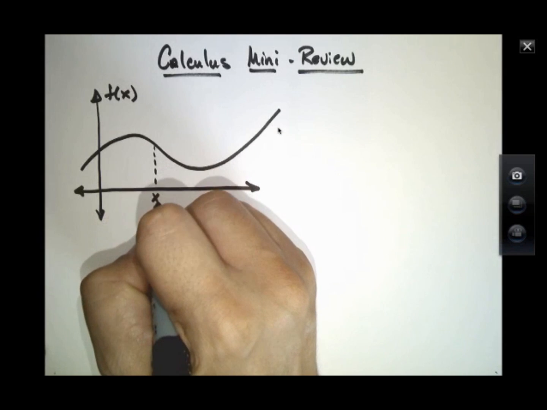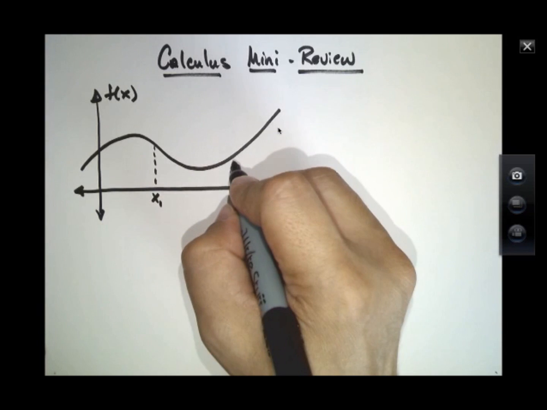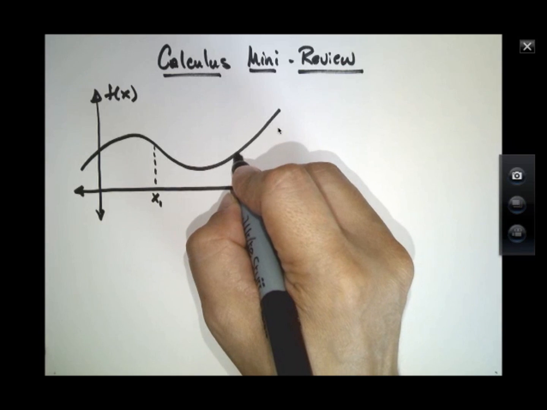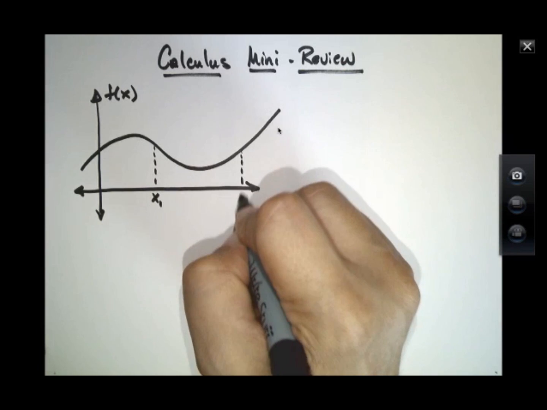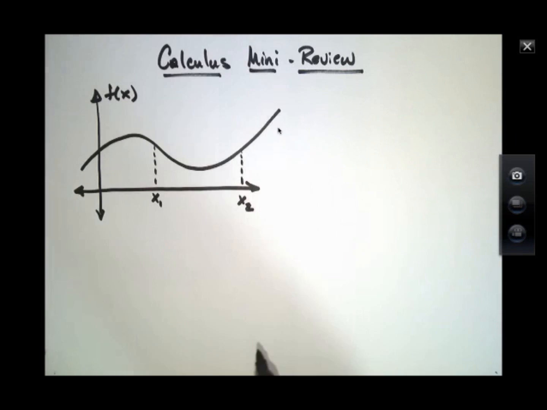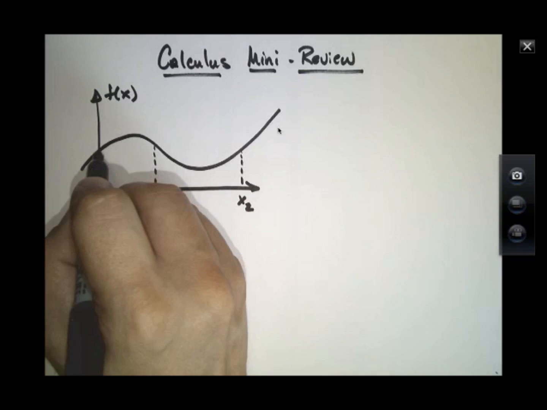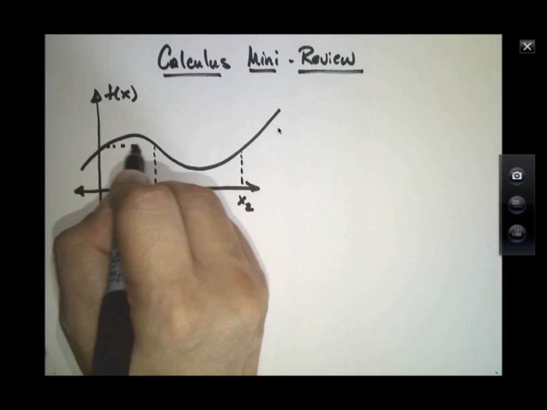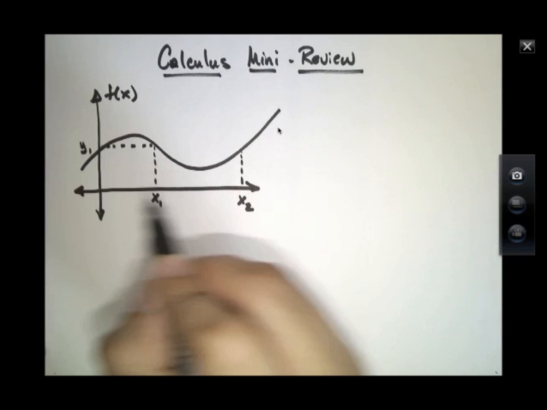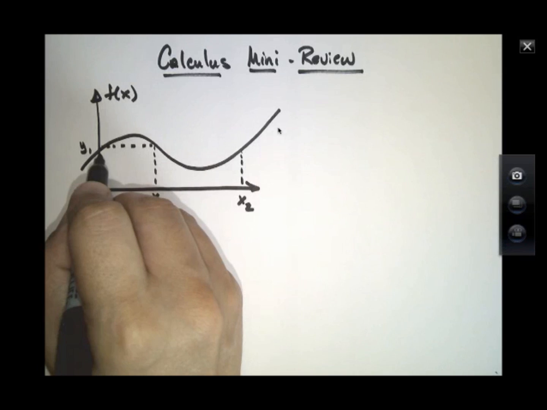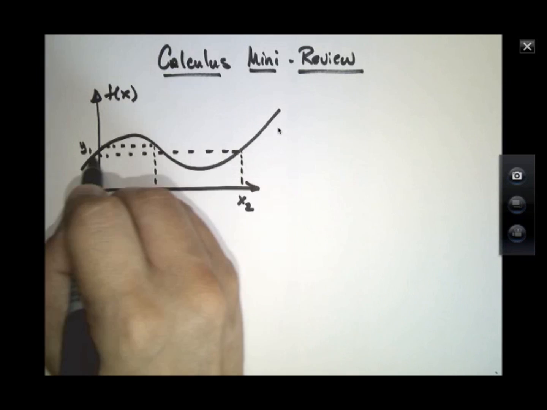So first, let's pick a couple points on this function. Here might be a location x1 and another location x2. The function, of course, is defined as a set of ordered pairs, so it has a set of y values associated with those two x values.